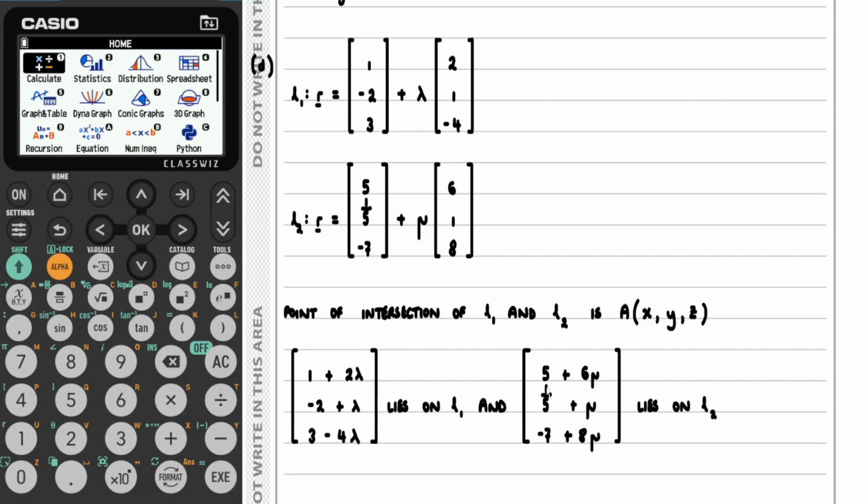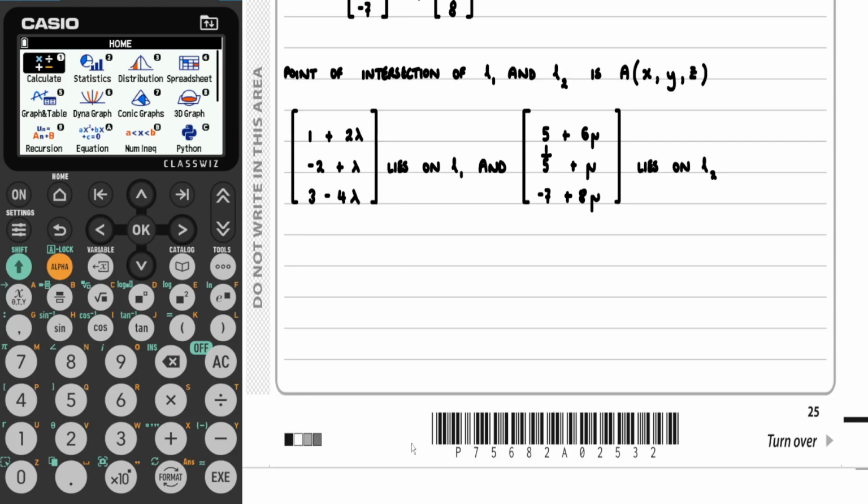And similarly, (5 plus 6 mu, 1/5 plus mu, negative 7 plus 8 mu) lies on L2. Now, because these two lines intersect, we can find two equations by setting the x's equal to each other and the z's equal to each other.